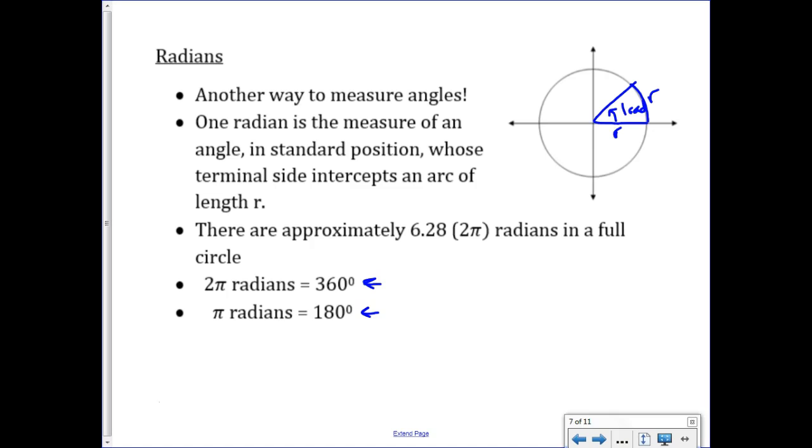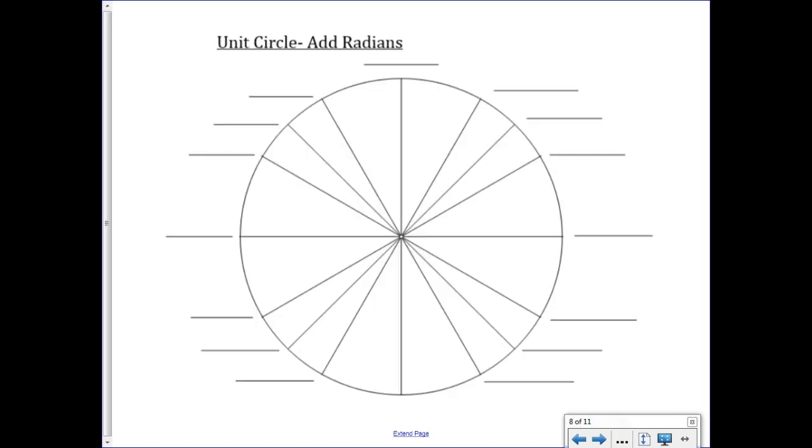So 1 pi is halfway around that unit circle. Then we're going to be able to fill in this unit circle with radians. We start at 0, and then 1 full rotation is 2 pi.